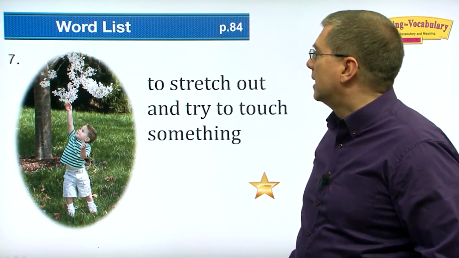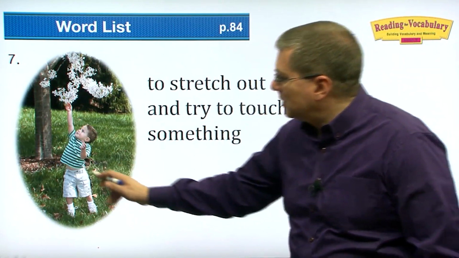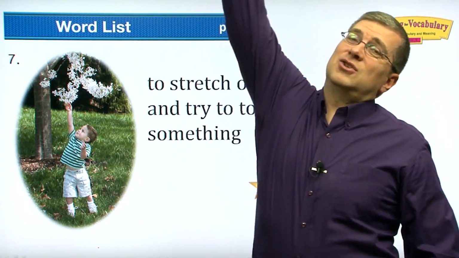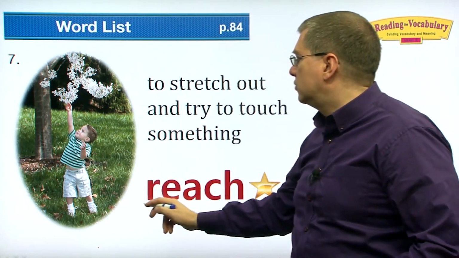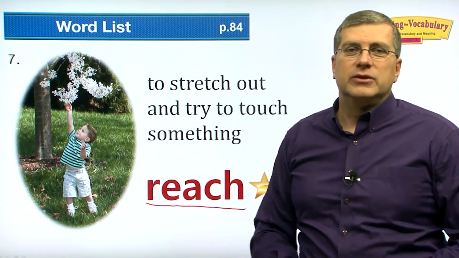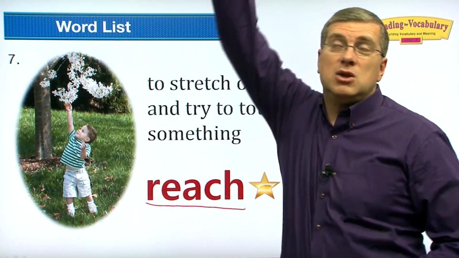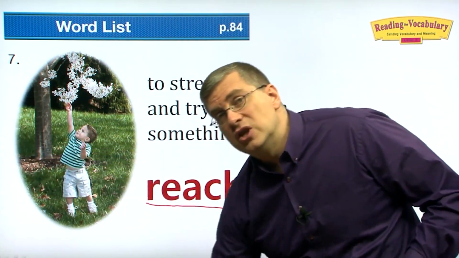Okay, next one. 7, to stretch out and try to touch something. So you see this little boy here, he's not so tall. He's stretching and he's trying to do what? What is he trying to do? He's trying to reach the flowers of the tree, to reach something. So if you extend your arm, you can reach up, you can reach across, you can reach down.